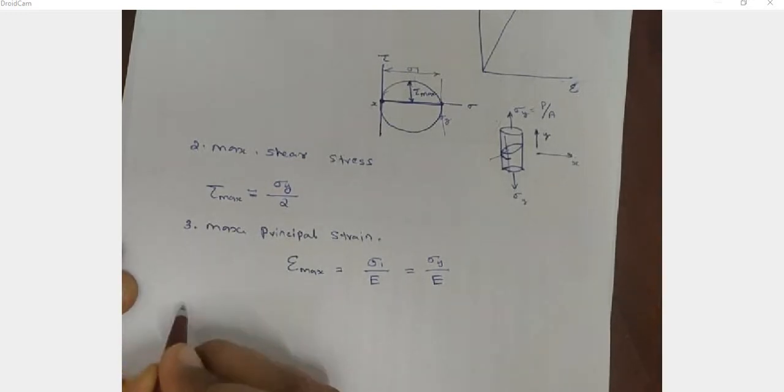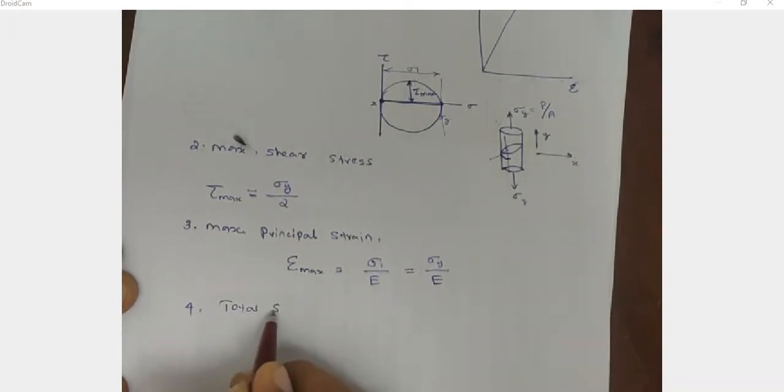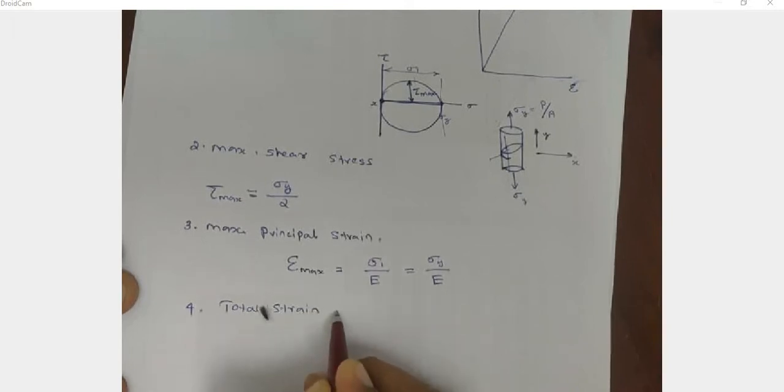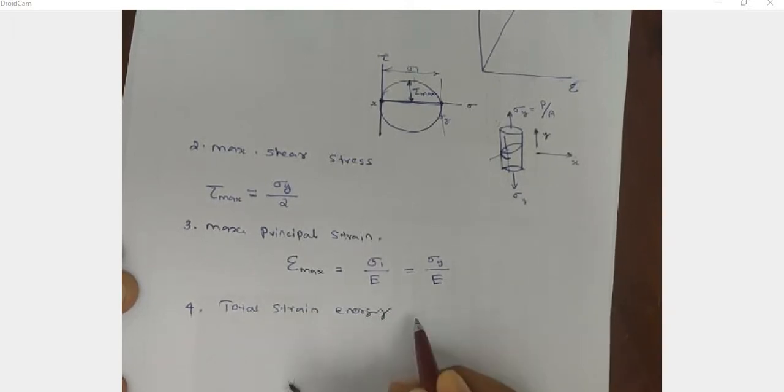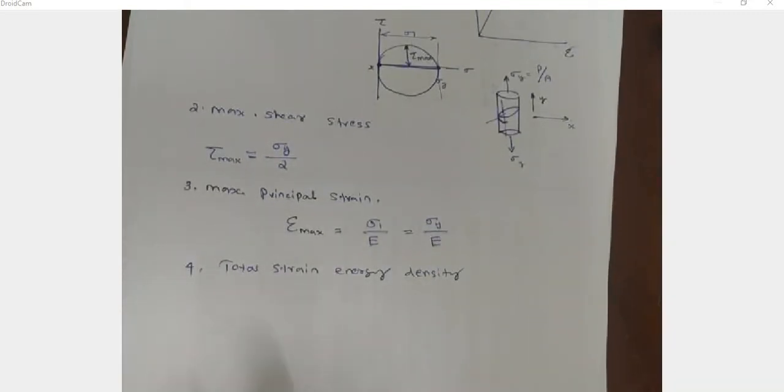The fourth one is the total strain energy density at the point of failure. We know what strain energy is: the energy stored in a deformed material per unit volume.